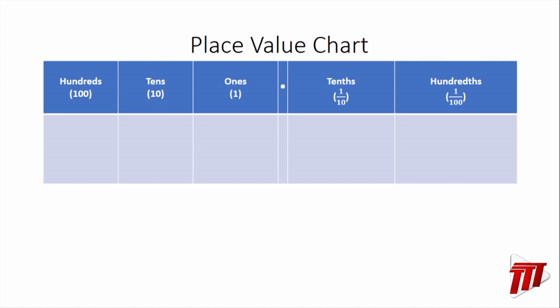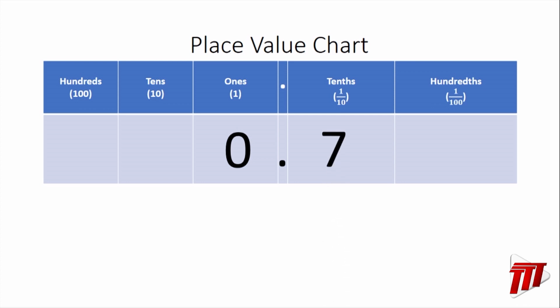So when we consider our place value chart to the left of the decimal point, we are going to have 0 because, as I said earlier, 7/10 is less than 1 whole. Our decimal point separates the whole from the fractional parts.